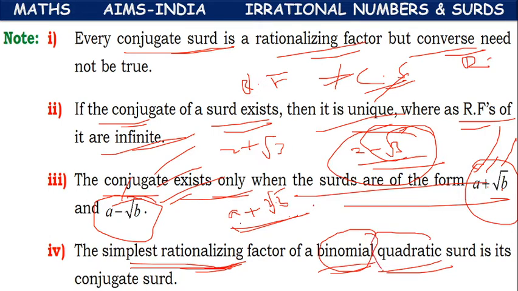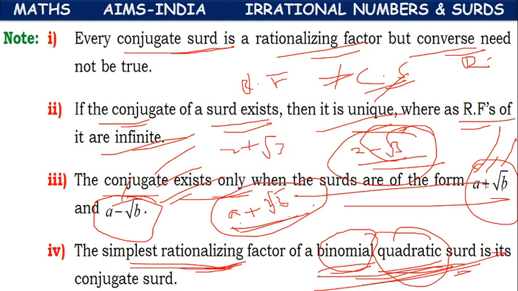So that's why it is called a quadratic surd. So it is called a binomial quadratic surd. For the binomial quadratic surd, the simplest rationalizing factor is considered as its conjugate surd.